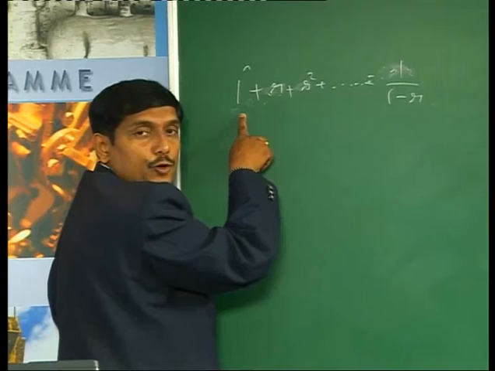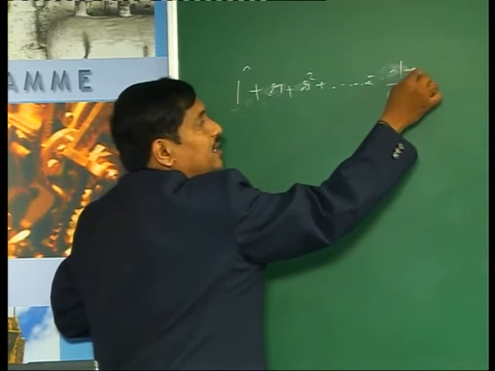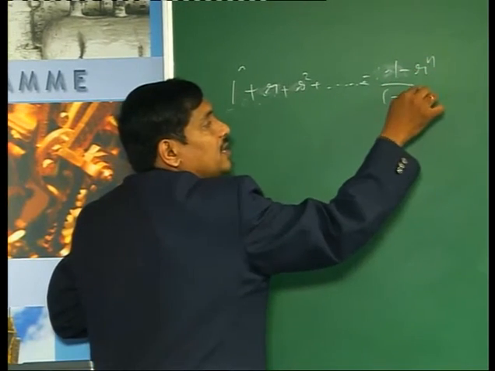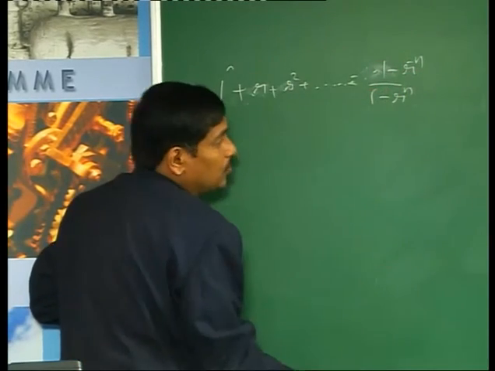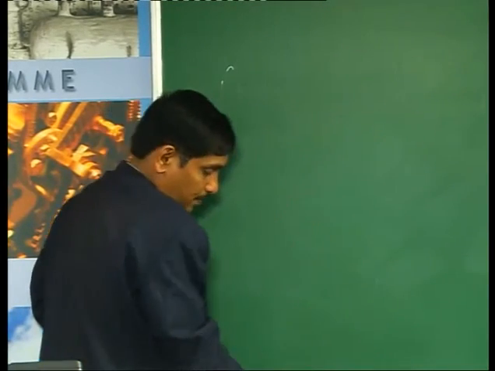But here it is only up to r to the power n, so it can be written as (1 minus r^n) divided by (1 minus r). You can substitute the geometric series for this.